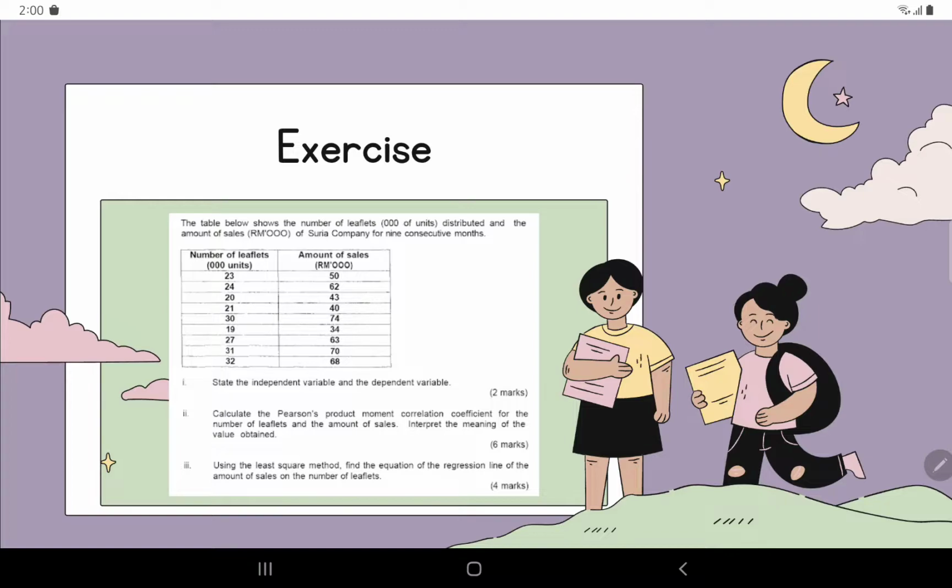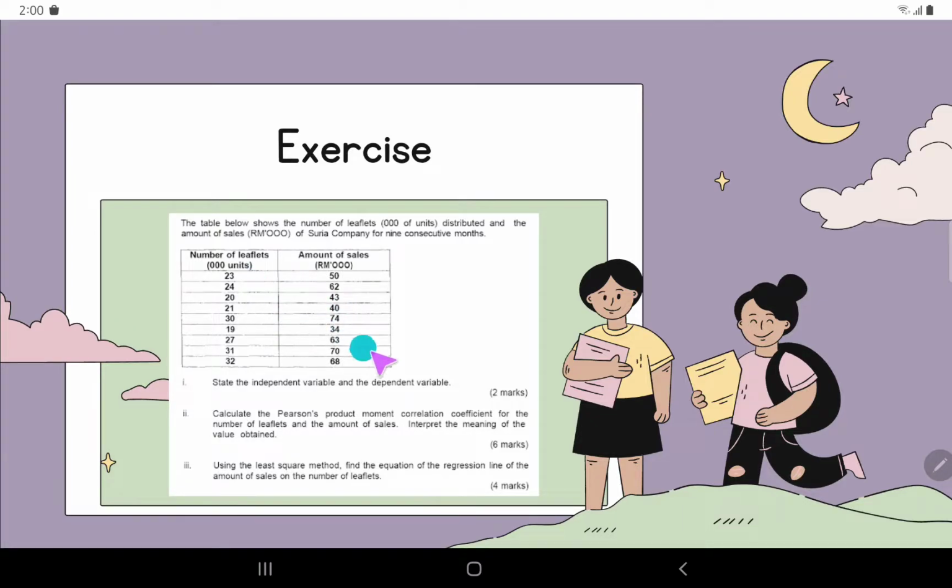This is one exercise for you. You are given this data. For the first question, you need to state what the dependent and independent variables are.